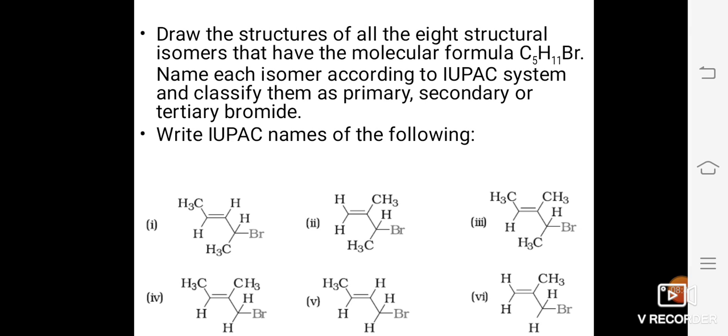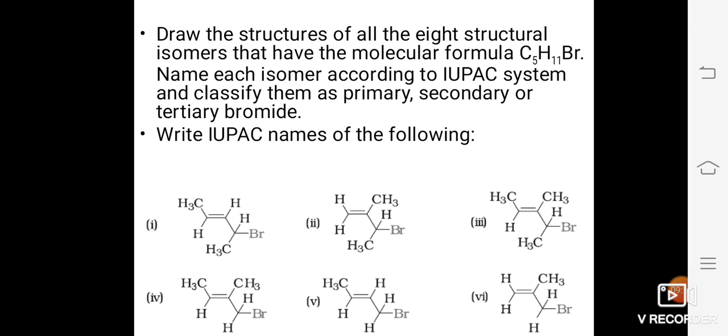I repeat, there are 8 isomeric structures possible for this bromopentane, C5H11Br, and you will have to name them according to the IUPAC system and classify them as primary, secondary, or tertiary bromide. I'll get back with solutions in my further PPTs.